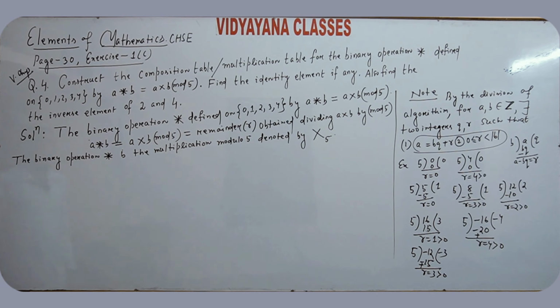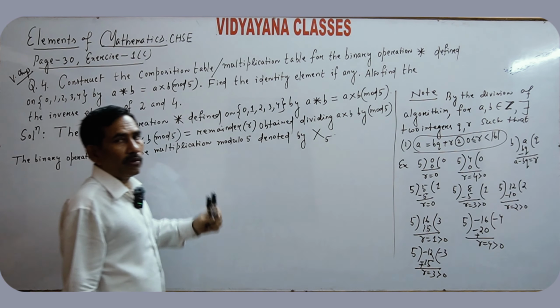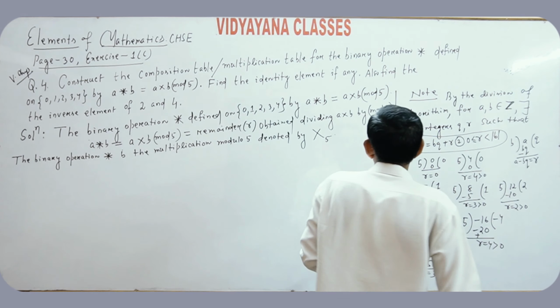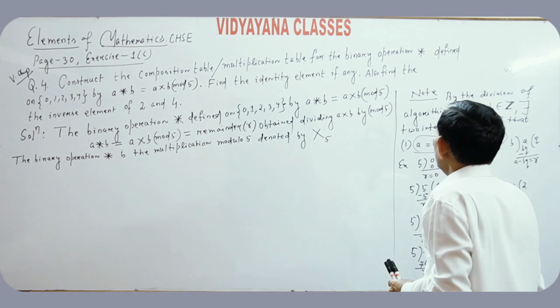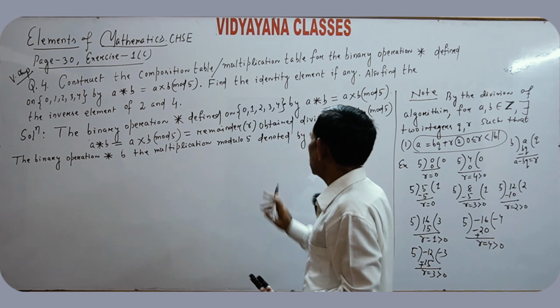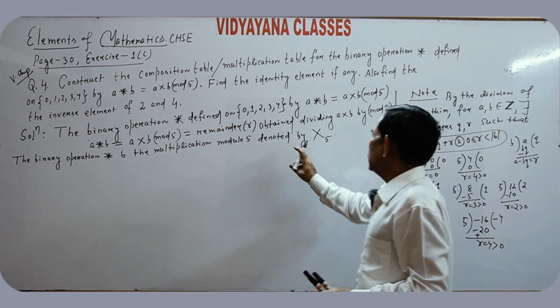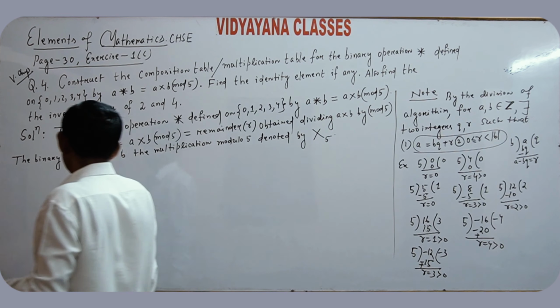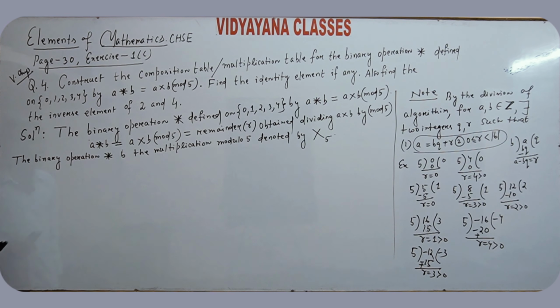We have to construct the composition table or multiplication table for the binary operation star. Here the binary operation is the multiplication modulo, which is denoted by multiplication suffix 5.